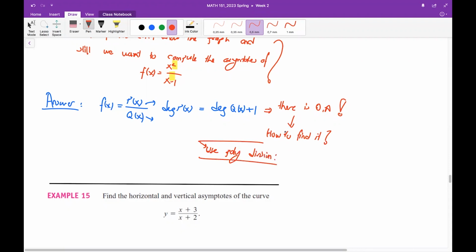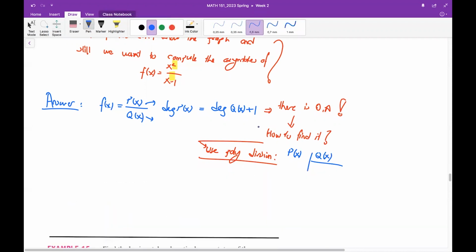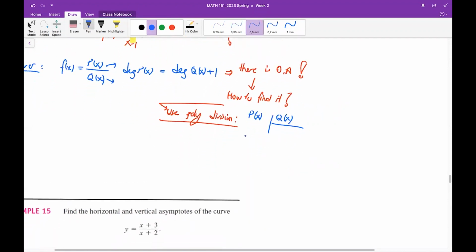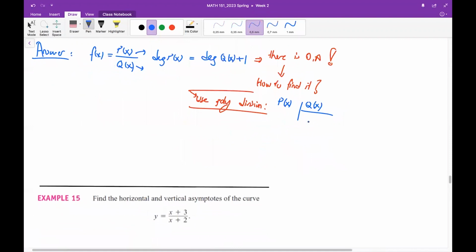What do I mean? You will divide these two polynomials like that by using the polynomial division algorithm. You will complete this division. Let's say you obtain something like this here, and you obtain a remainder here. And then what you see at this part will be your oblique asymptote. This will be the oblique asymptote for you.